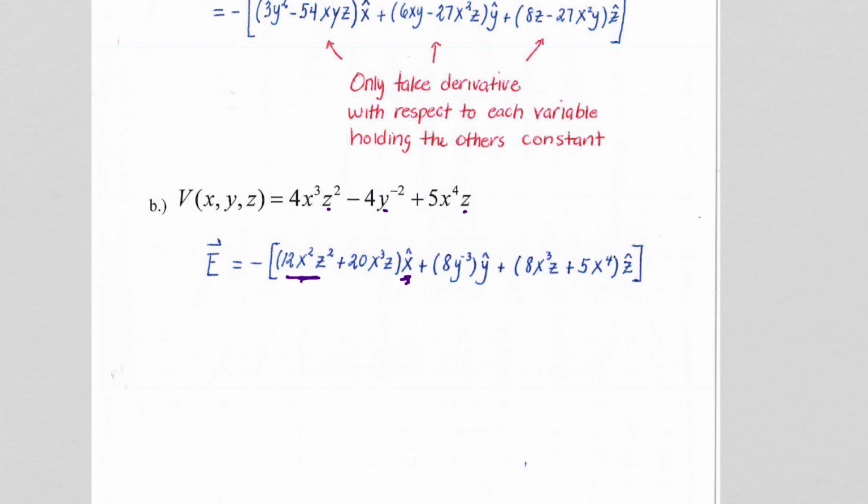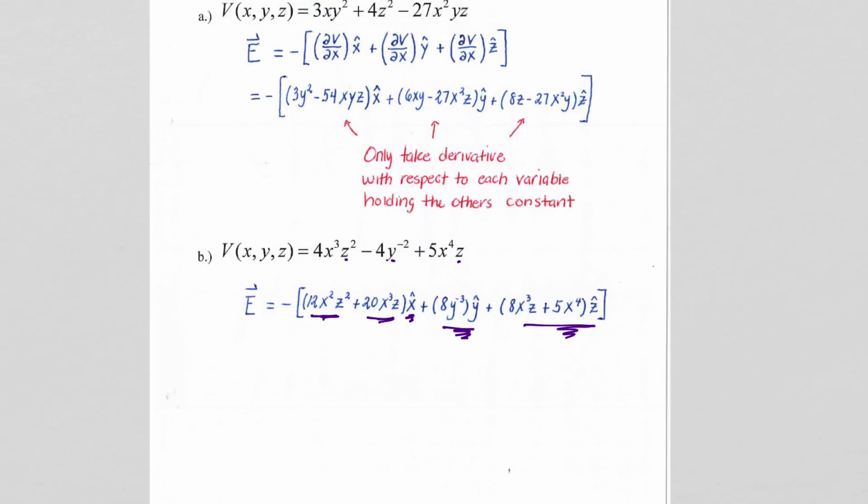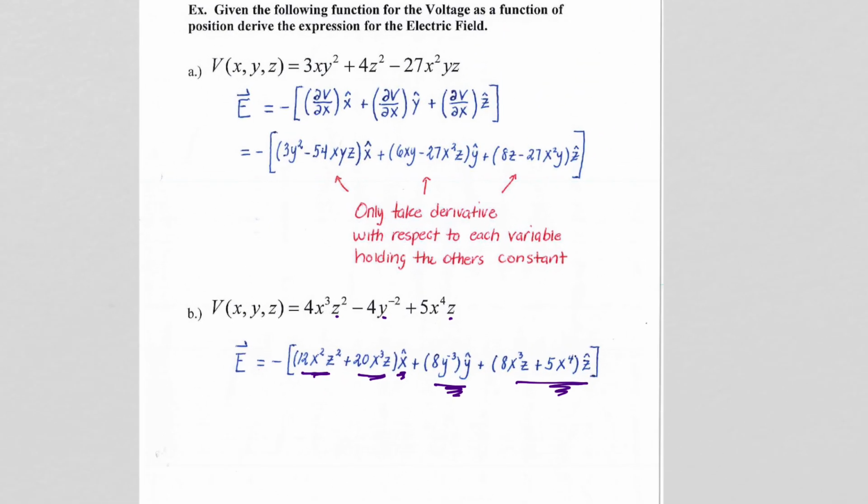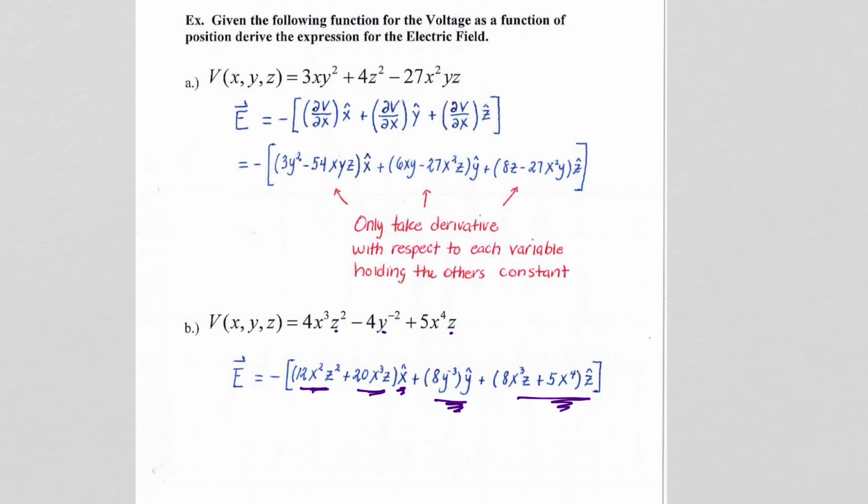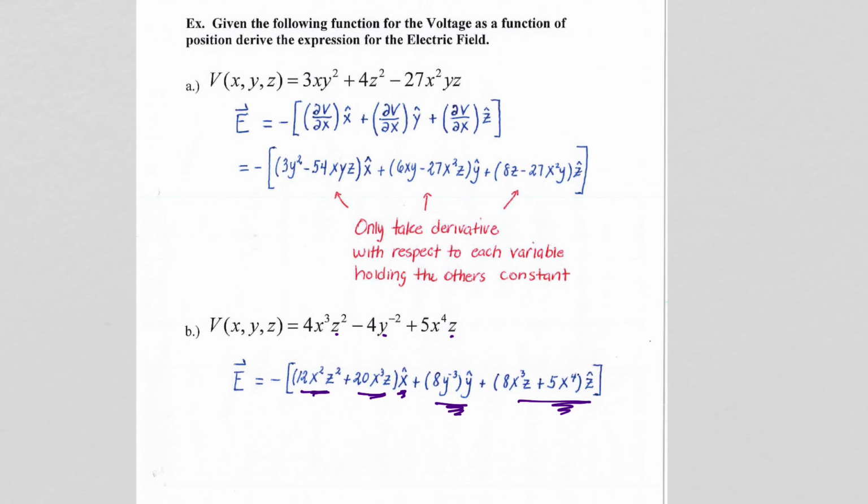We lose the middle term, and we are left with 20x cubed z for the x set. I will leave it to you to confirm that your y's and your z here are correct. Hopefully you see how the game is played. Of course, if you have questions, I would be more than happy to go over this again in class. You are absolutely responsible for being able to take these types of derivatives.